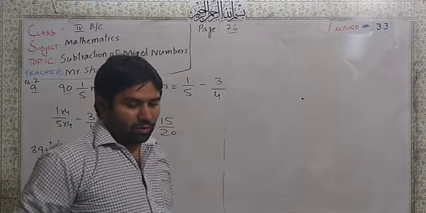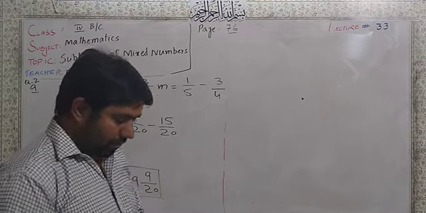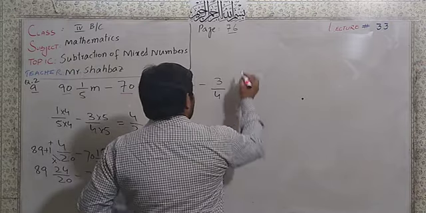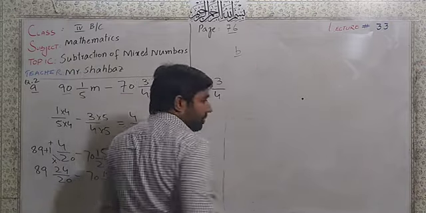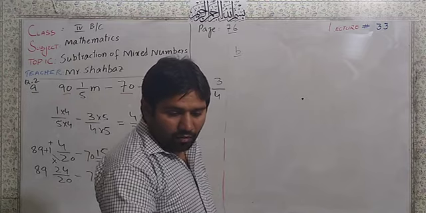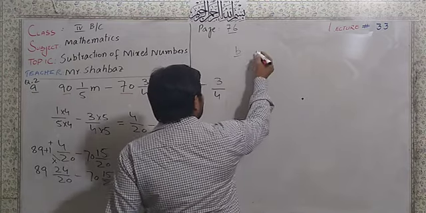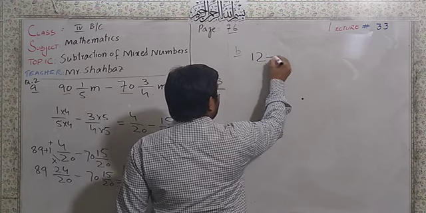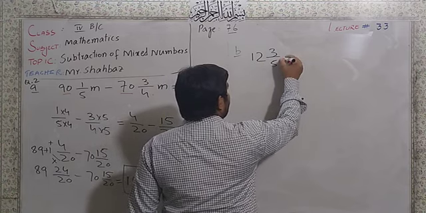So we will also write this one in fraction. First of all, we write the fraction which one is greater value, 12 whole 3 over 5 liter.